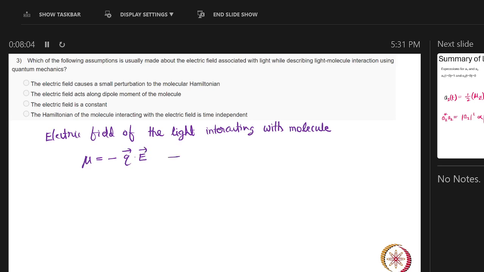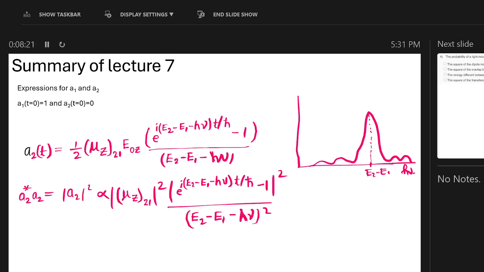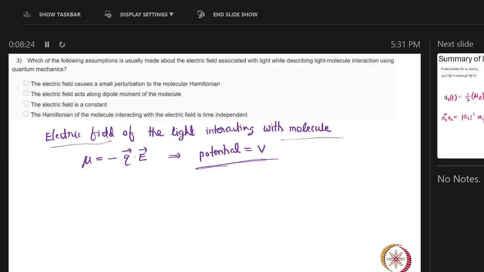It will give rise to some potential V, because of this interaction between the electric field and the molecule, and the resultant Hamiltonian will be the Hamiltonian H0 plus this interaction potential between the electric field of the light and the molecule.